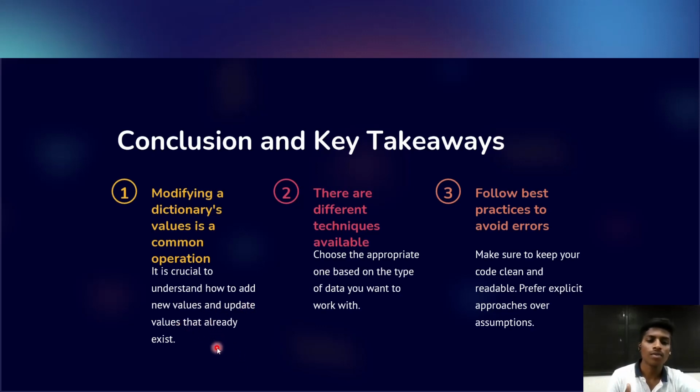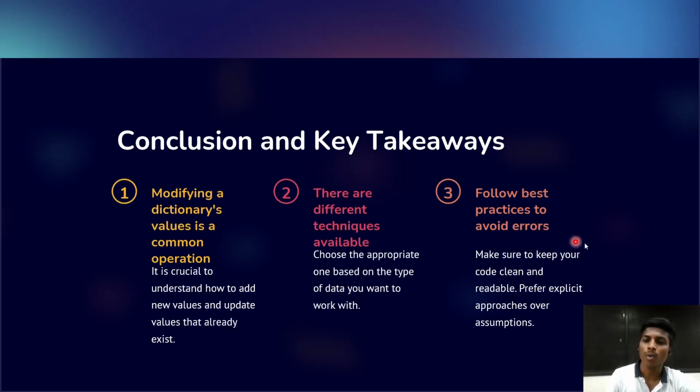We can add new values by using append, or update by removing the values from the dictionary and again using append. There are different techniques available. Choose the appropriate one based on the type of data you want to work with. So you must choose the best technique to follow in the future.